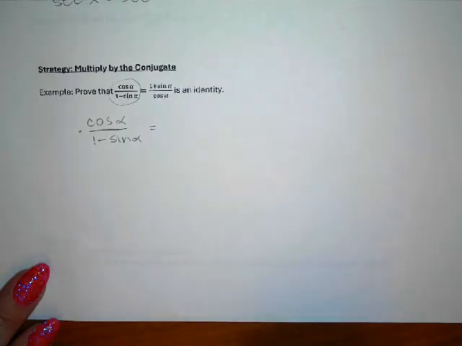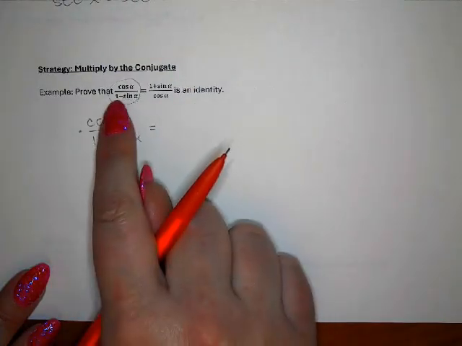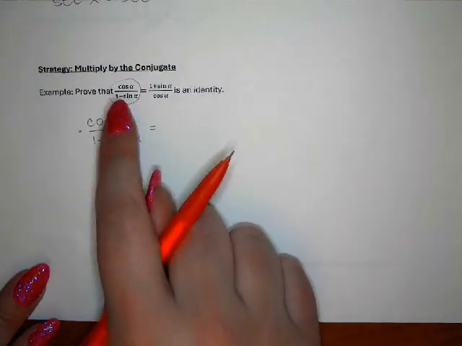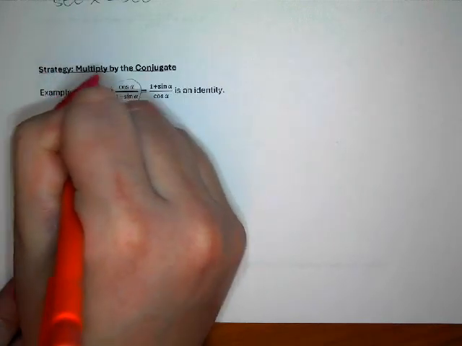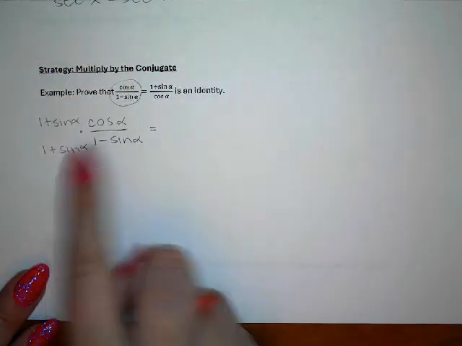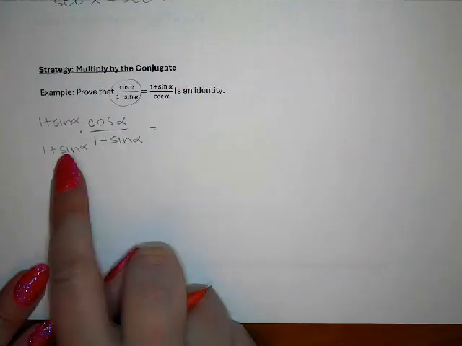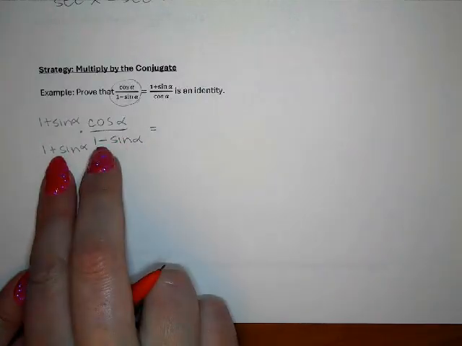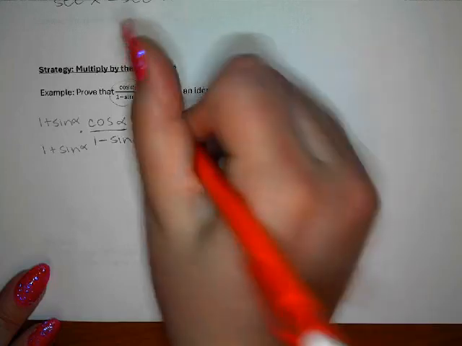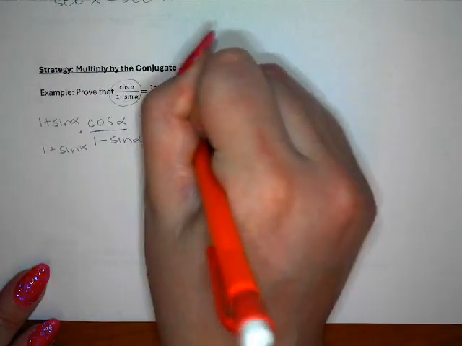And the conjugate is just the same as the bottom with the opposite sign in the middle. So I'm going to multiply by 1 plus sine alpha on top and 1 plus sine alpha on bottom. And that's the important thing, is that you have to do exactly the same as what's on the bottom, but opposite signs. And then on the right side, I'm not going to change anything about the problem. I'm just going to copy it down.